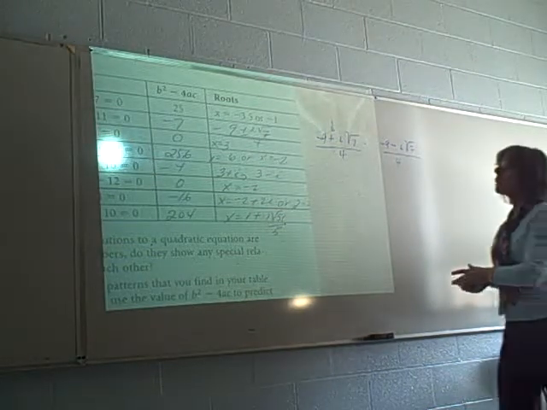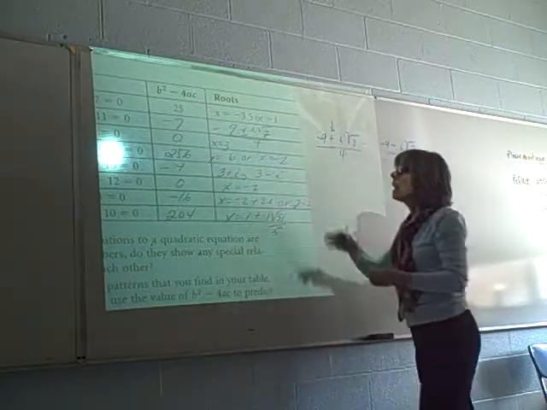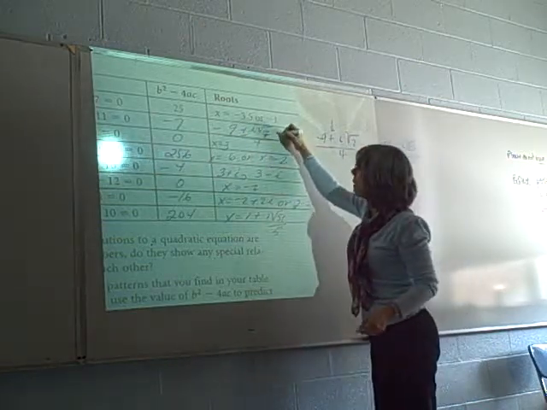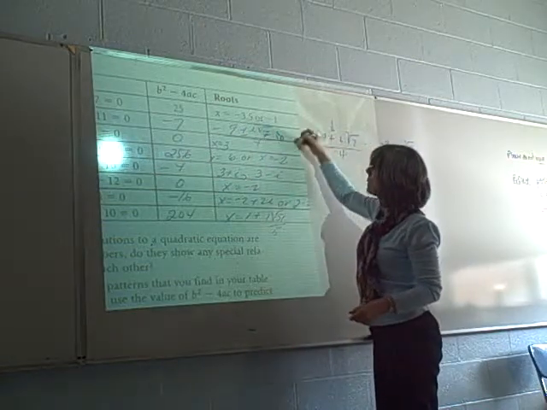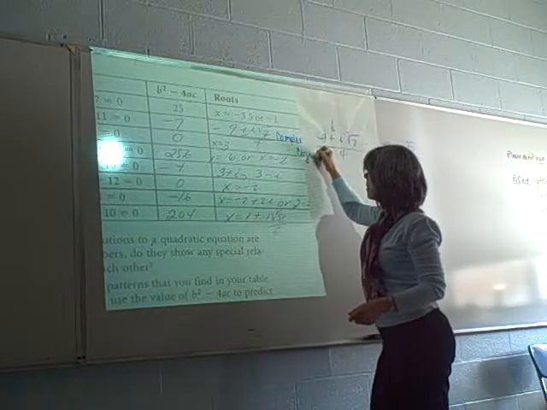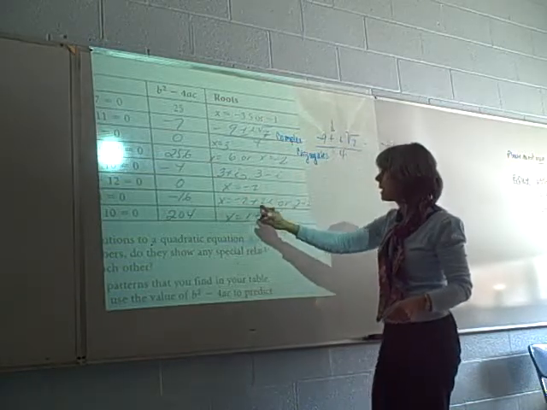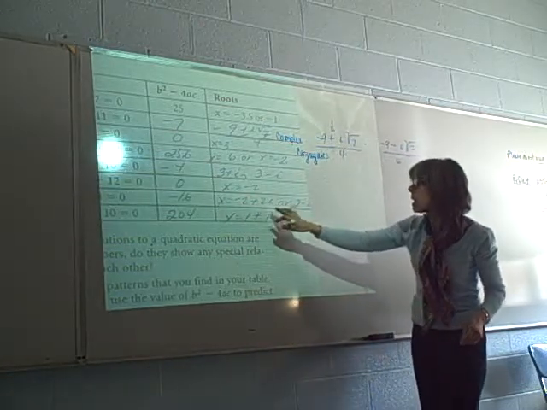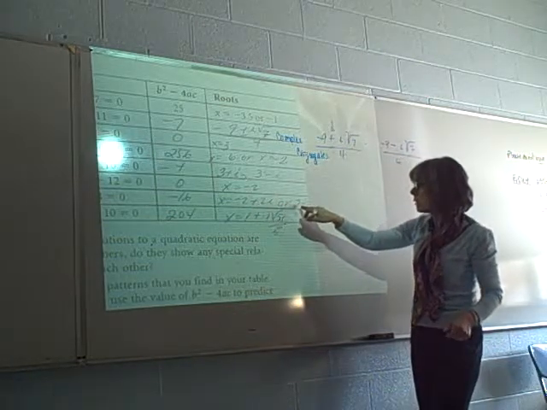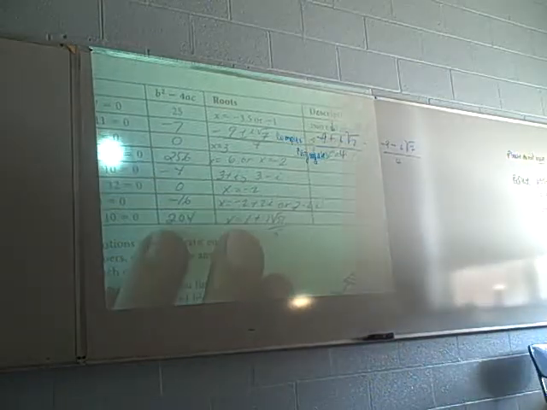Okay, so when we have b squared minus 4ac, and we end up with a negative number, the answer here, actually we're going to write this down, is complex conjugates. So if I look over here, I had a negative 2 plus 2i, or a negative 2 minus 2i.